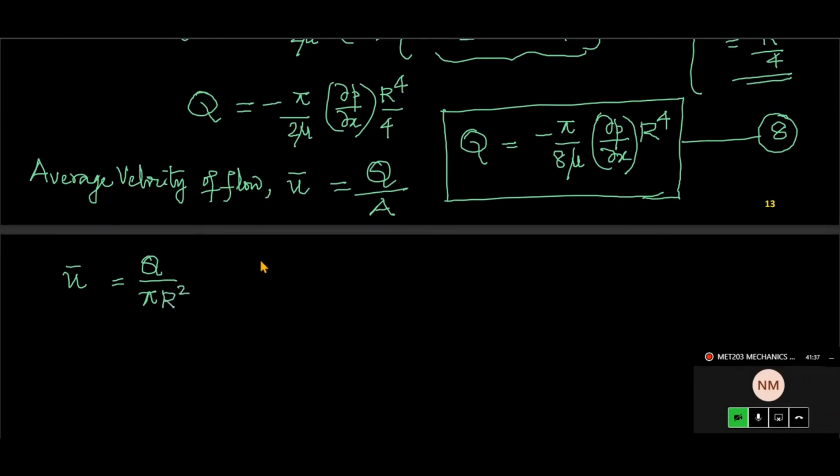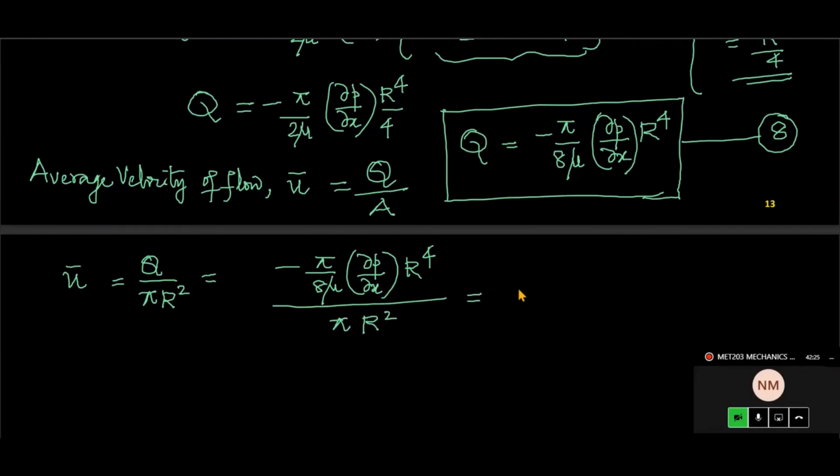Radius is capital R. Okay, small r is a variable radius, but this is a circular pipe of radius capital R. So Q is minus pi by 8 mu del P del X into R raised to 4, divided by pi into capital R square. So pi and pi will be cancelled. On simplification, what do you get? Minus 1 by 8 mu, pressure gradient dou P by dou X into R raised to 4 divided by R square. So capital R square will remain.